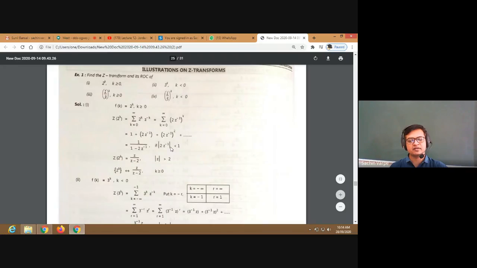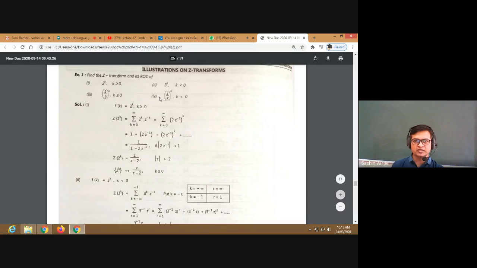With the help of this, we get the condition on z, that is mod z greater than 2, and in this region the Z transform will be z upon z minus 2, since the series is convergent only if mod of r is less than 1. So we get z upon z minus 2 in the exterior of the circle of radius 2. Mod z greater than 2 means the exterior of the circle with radius 2.